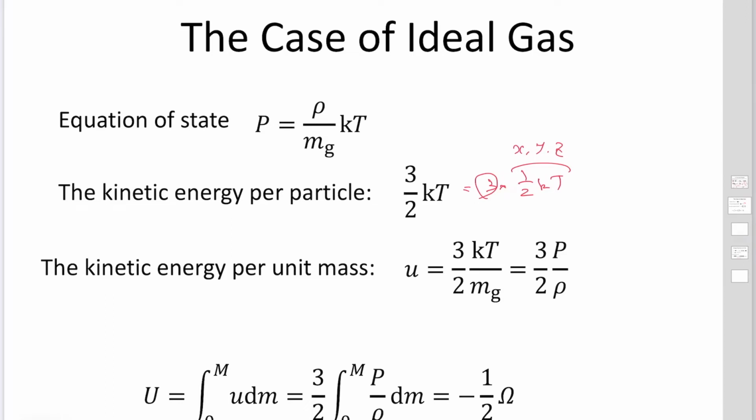Then kinetic energy per unit mass: if you divide by m_g, we can determine the kinetic energy per unit mass. Using the equation of state, kT over m_g is here. So this is going to be expressed as 3 over 2 P over rho.